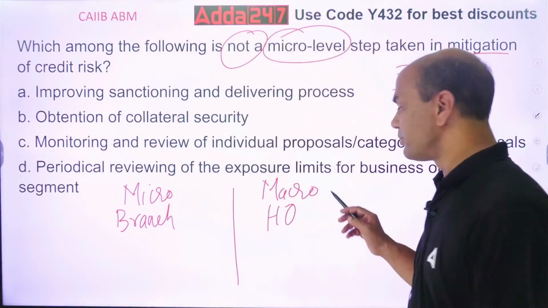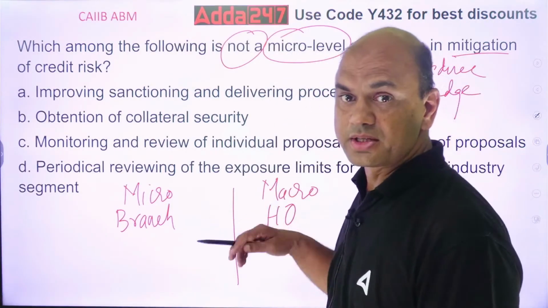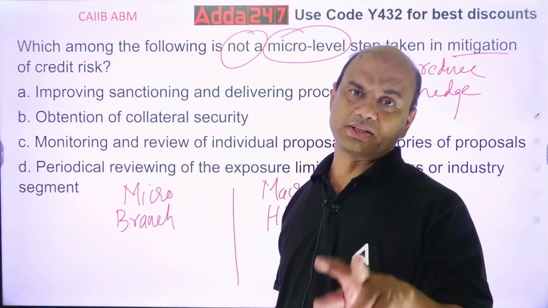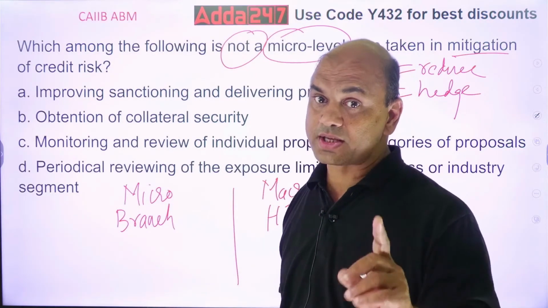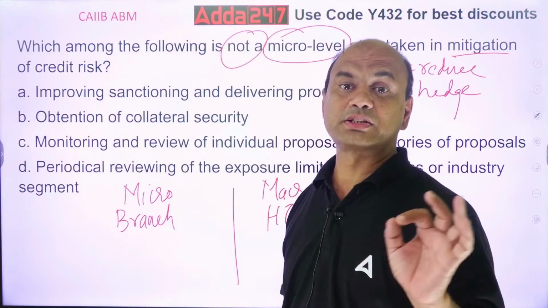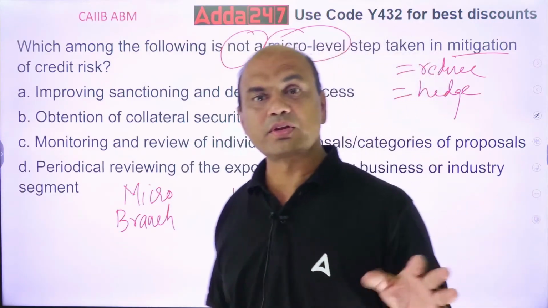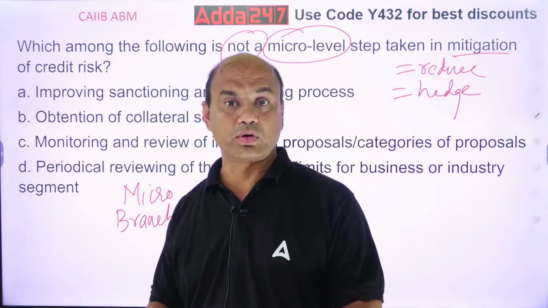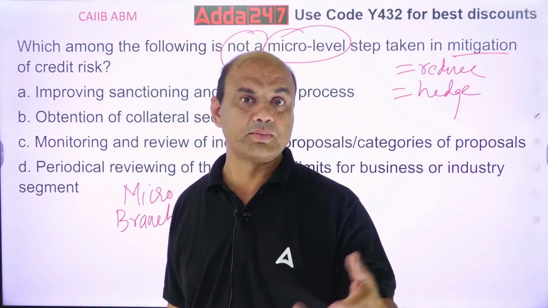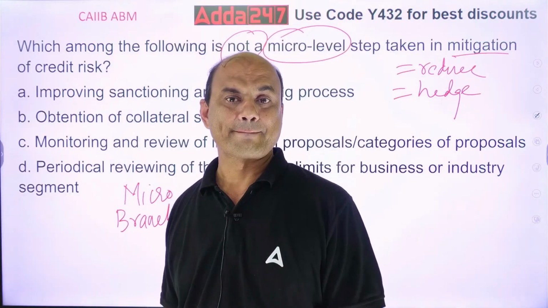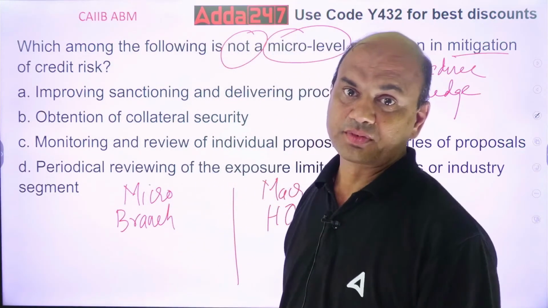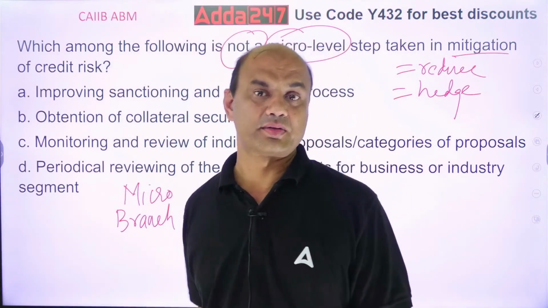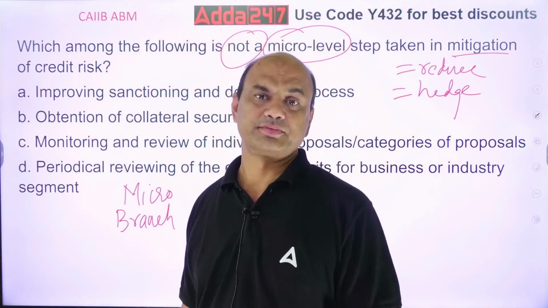And regarding macro level, it's at HO level. At HO level, what do we do? We do 2 things. One is diversification, very important. You should not give the loans to a single sector. Number 2, derivatives, an important part, covering the risk.